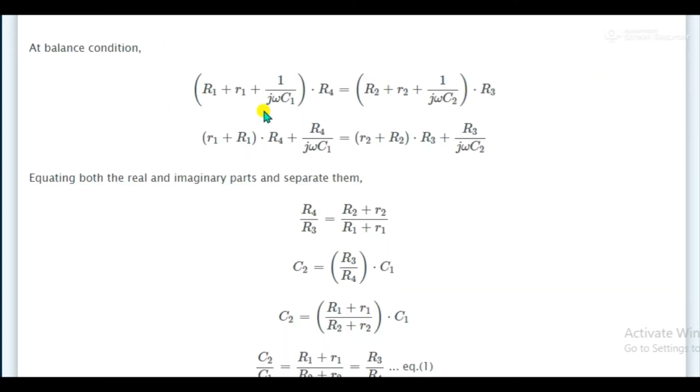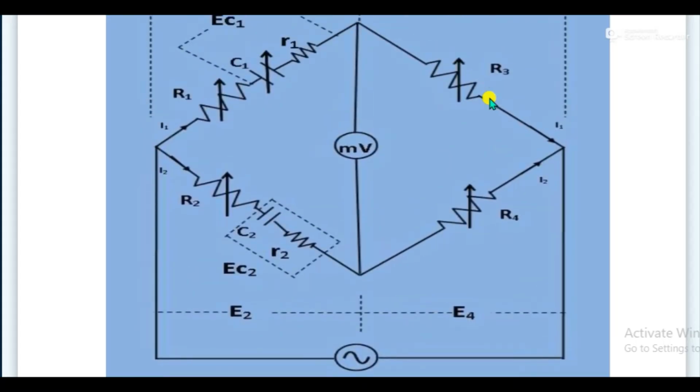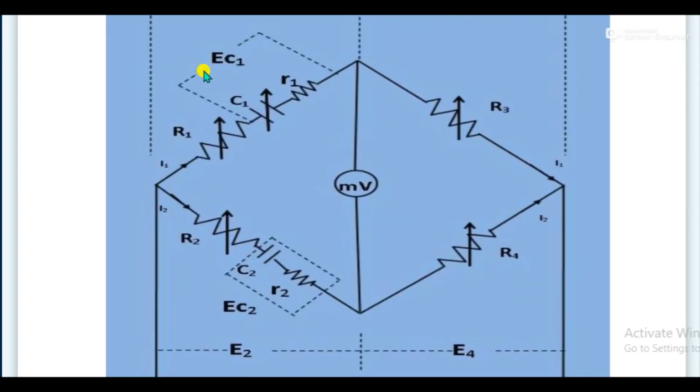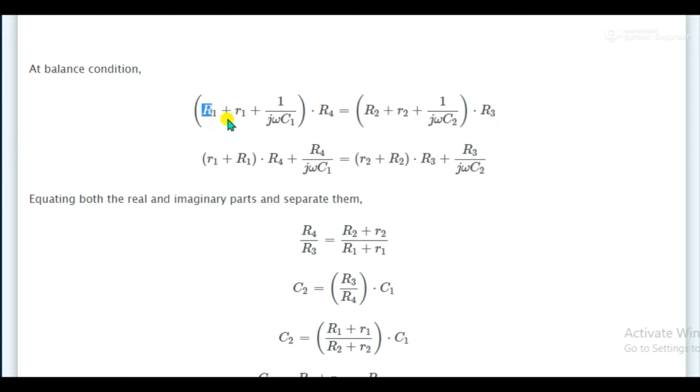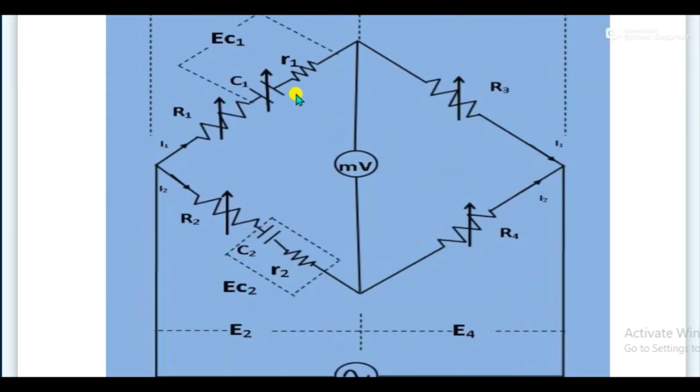So what is shown here is, this is your Z1 actually, this is Z4, this is Z2 and this is Z3. What you can see from here is that this whole resistance includes R1's resistance and the capacitance resistance. So this is written as capital R1, this is your small r1, representing loss of their corresponding capacitors, small r1 and r2, and 1 upon j omega C1, this is the resistance along this capacitor. Similarly, we can write it for here.